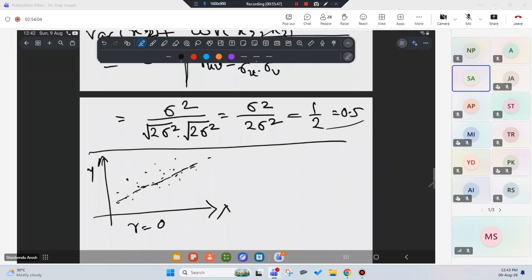Say r is coming towards a point, say 0.9, something like that. So I know that if x is increasing, that means y is also increasing, at the same rate as x. Basically, I can write, if x increases, then y also increases.